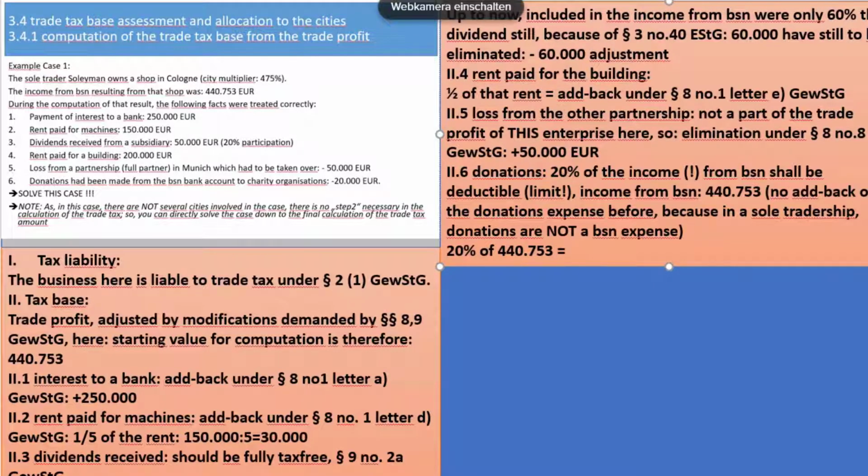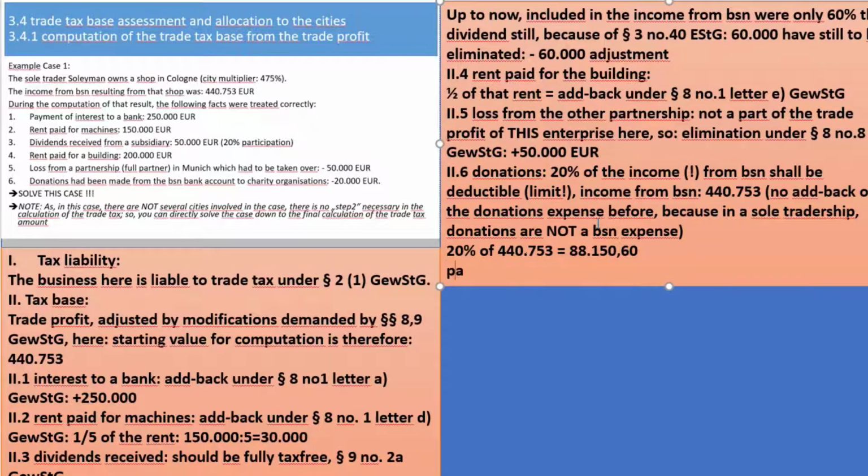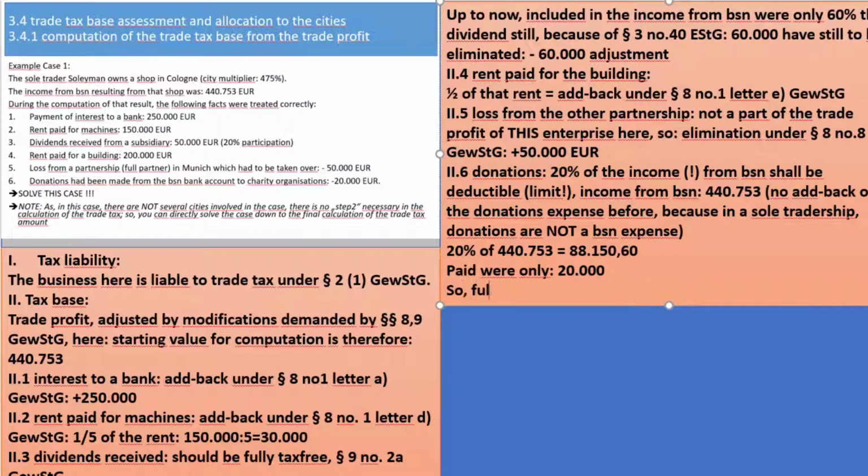And so what we should do now is take refuge to a calculator, or if you are very good at calculating on your own, just using your brains, do it just now. Now here we end up with 88,150.60. Paid were only 20,000. So fully deductible is 20,000.